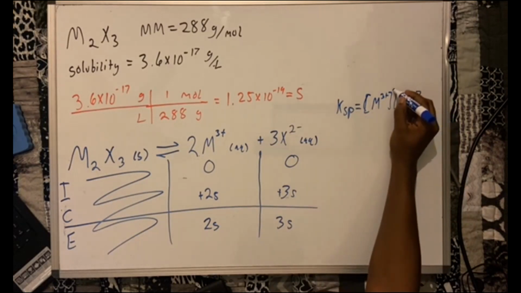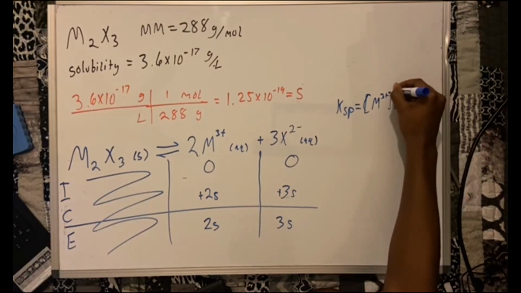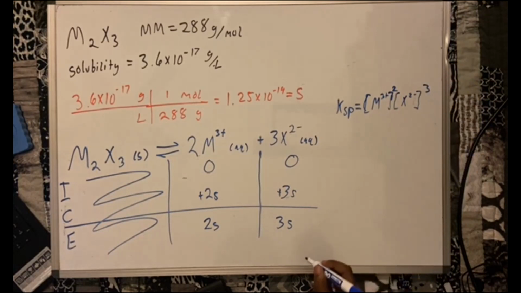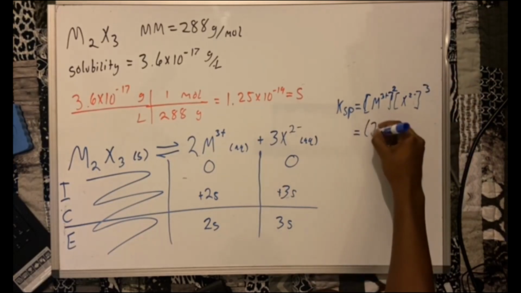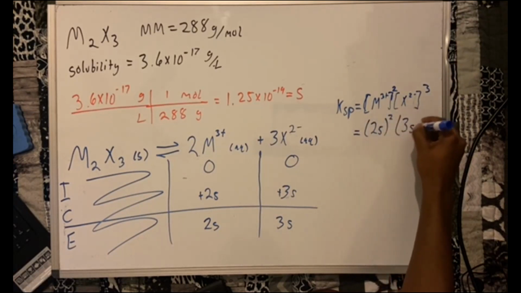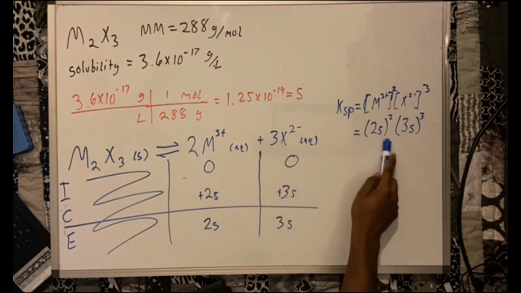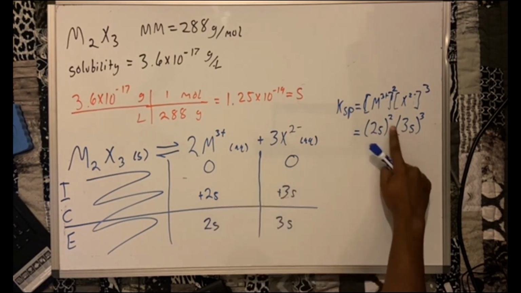So don't forget your powers here, since we have a 2 and a 3. So this is squared, this one is cubed. And so that's going to be 2s squared, and then 3s cubed. Some people get confused because they think, oh, I used this 2 twice, that can't be right. But it is. It shows up in there twice, once there, and then once in the coefficient.